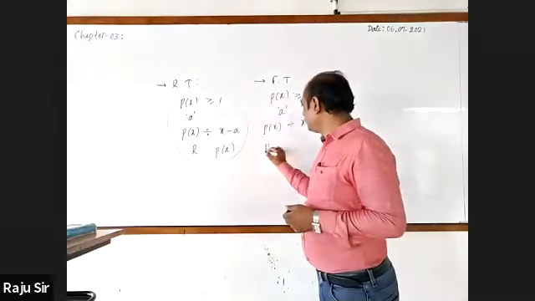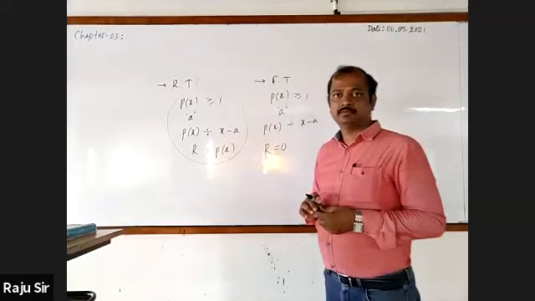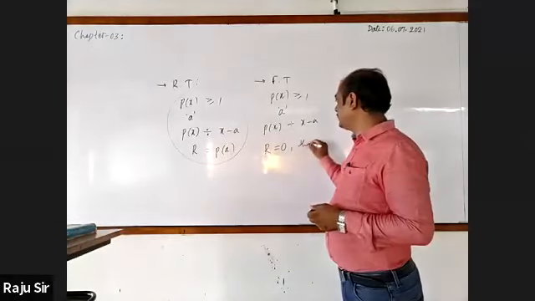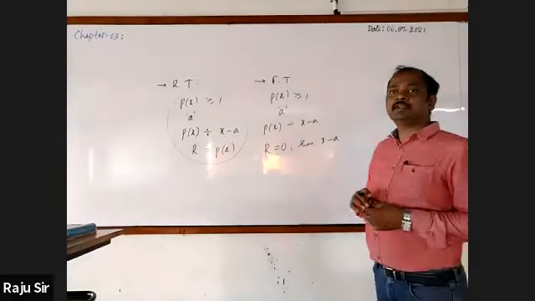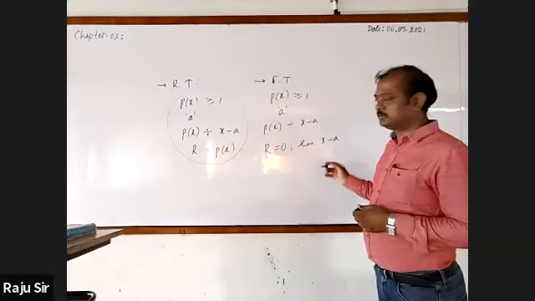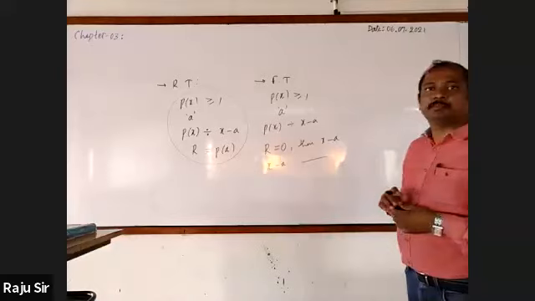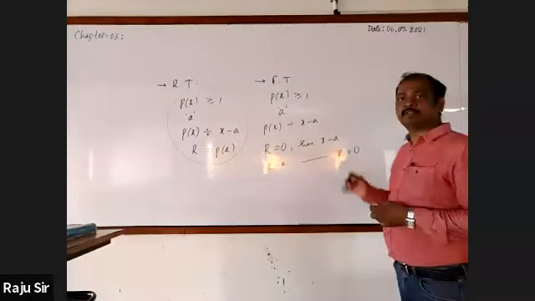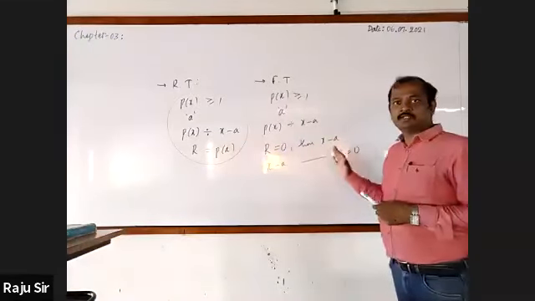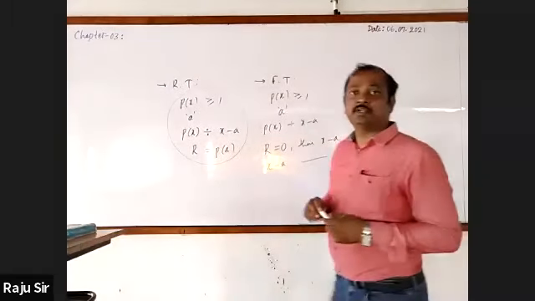The remainder becomes 0. Then you can say that x minus a is a factor of P of x. If x minus a is a factor of P of x, then the remainder is 0. Right? This was the statement of factor theorem.